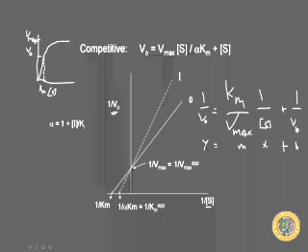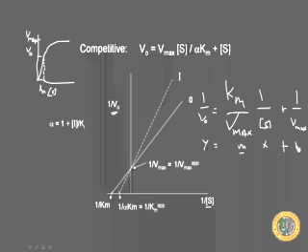So we have the equation for a line. The slope helps us determine Km and Vmax because we get the slope from the equation for the line, and also the y-intercept is equivalent to 1 over Vmax.